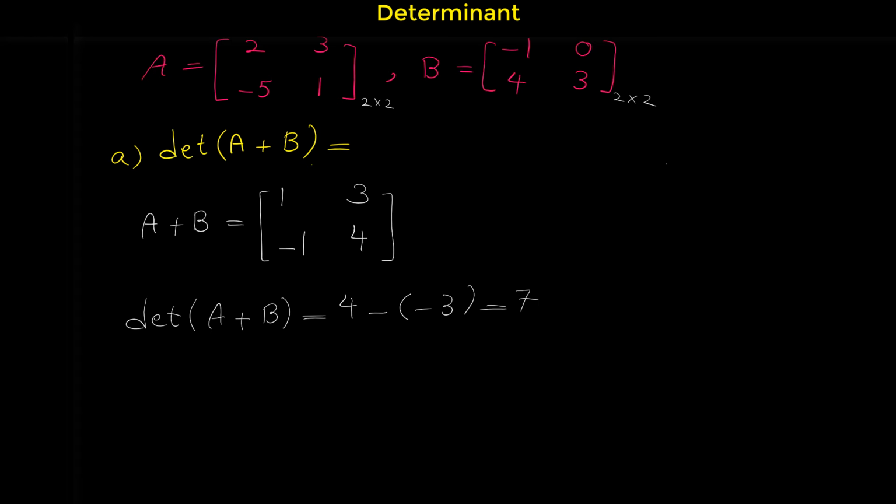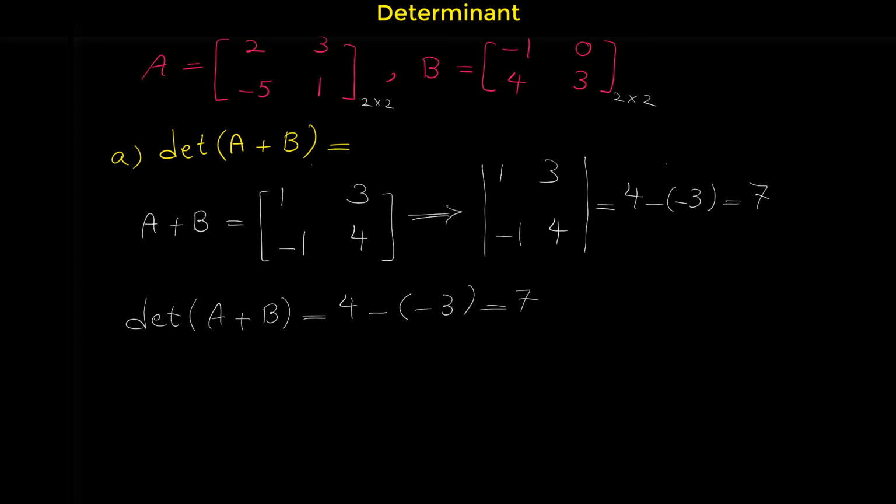The other notation that we can use for the determinant of a matrix is this notation. We show it with vertical lines like this, 1, 3, negative 1, 4, and this equals the same thing: 1 times 4 is 4, minus negative 3, which equals 7.